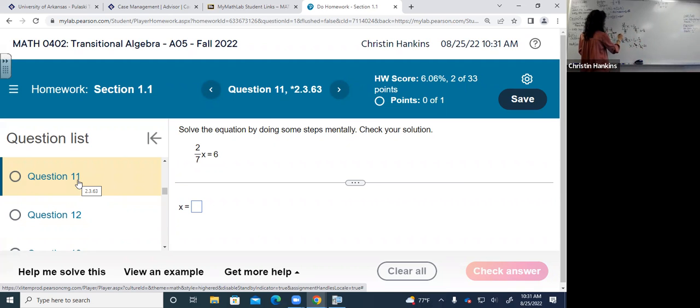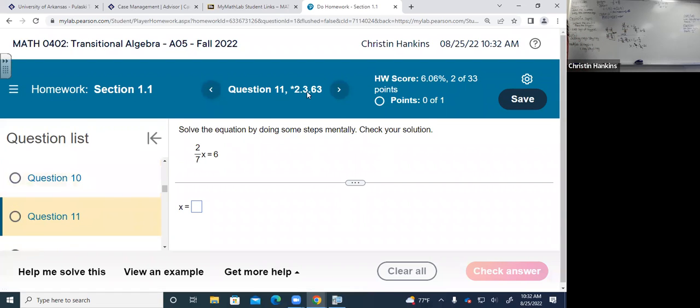So this is the calculator, I guess you could say. If you put in 6 divided by 2/7, it'll give you 21. I need us to be comfortable with that conversation of multiplying by the reciprocal, because we're going to use it when we get into some more complicated stuff.